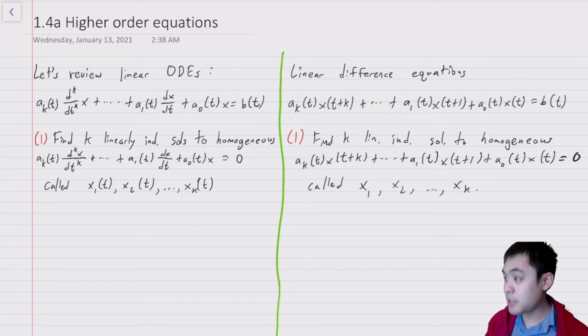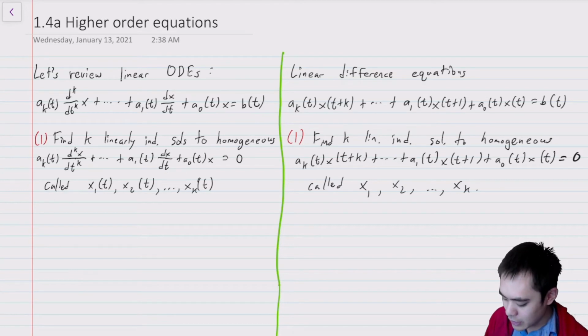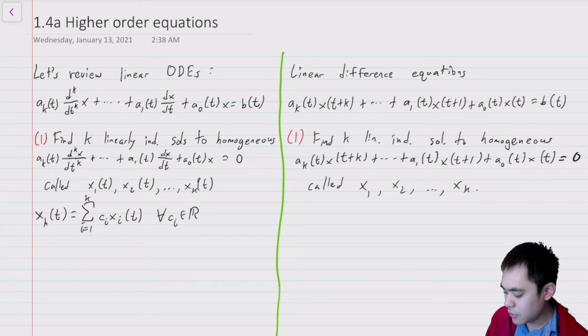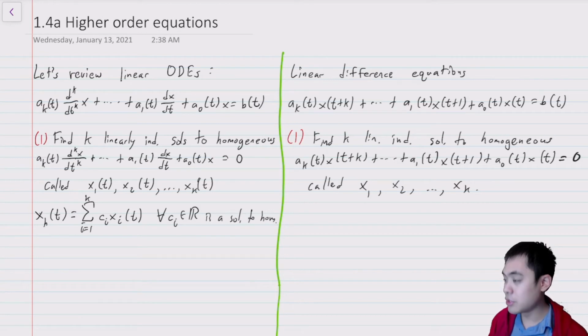Well then, by the superposition principle, we know that if we have some other function, let's call it x_h of t, which is equal to a linear combination of our linearly independent solutions, sum over i equal 1 to k of, say, c_i x_i of t, for all c_i in the real numbers, is a solution to the homogeneous equation.